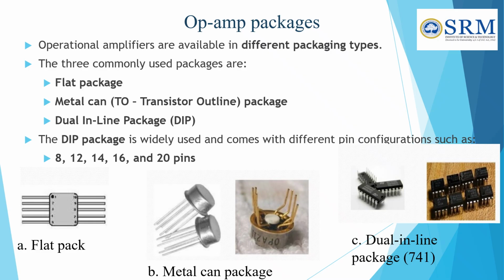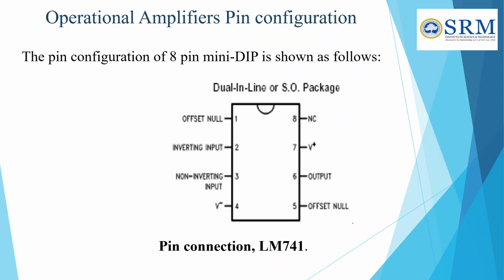DIP packages come with different numbers of pins like 8, 12, 14, 16 or even 20 pins depending on the type of op-amp. In most of the lab experiments and practical circuits, we use the 8-pin DIP op-amp such as the popular IC 741.